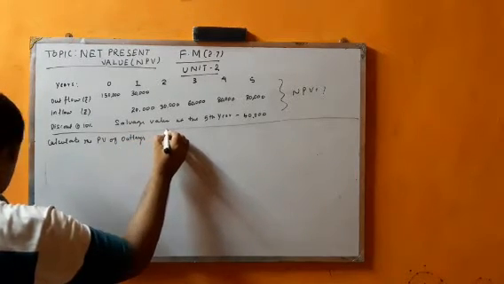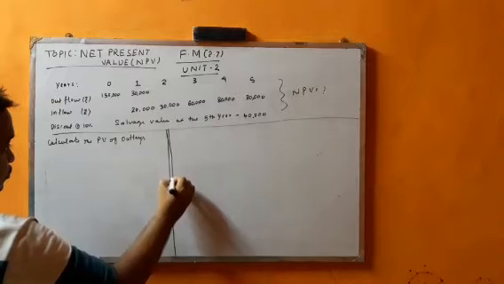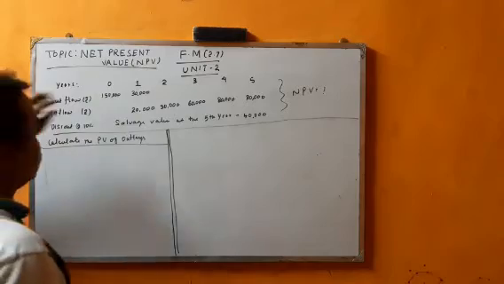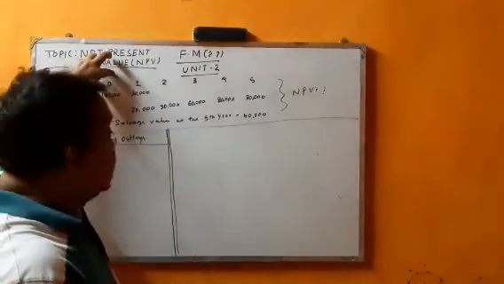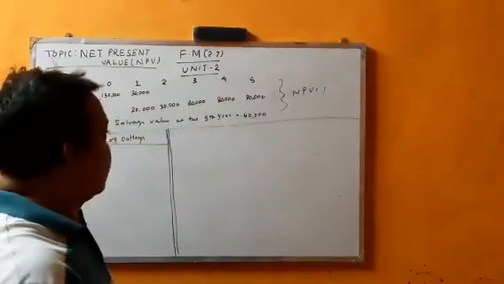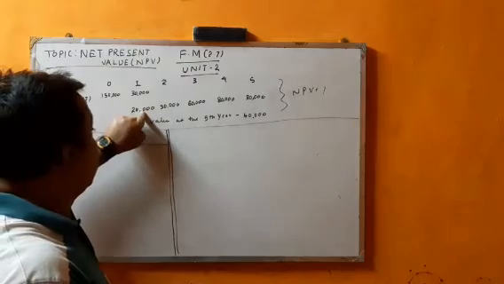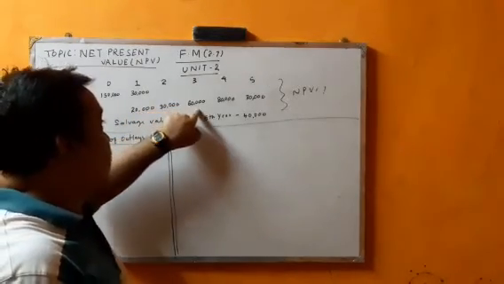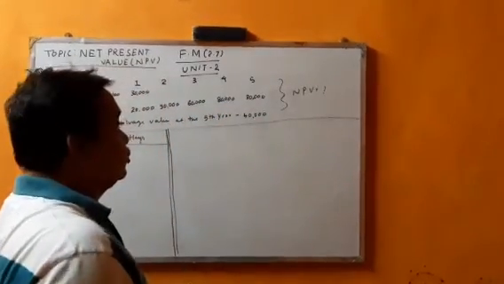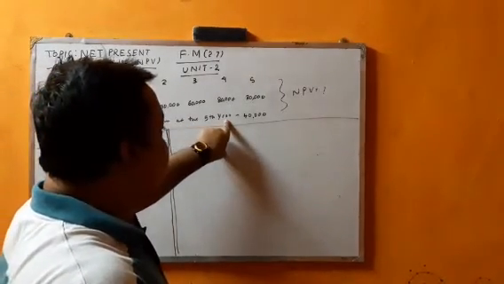Students, look here at the outlays: at year 0, at the beginning, and in the first year, and totally consecutively up to year 5. And the inflows: in the first year complete, 20,000; second year complete, 30,000; third year complete, 60,000; fourth year complete, 80,000; fifth year complete, 30,000. The discounting factor is 10% and salvage value at the end of the fifth year is 40,000.